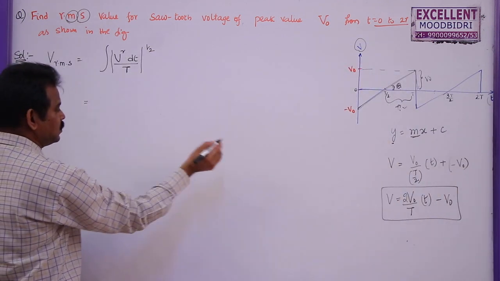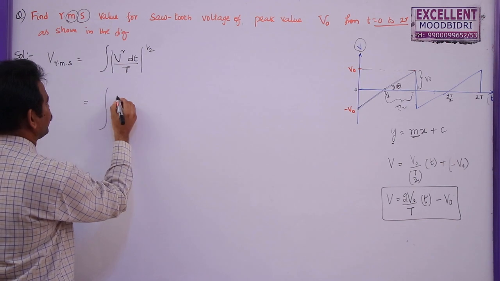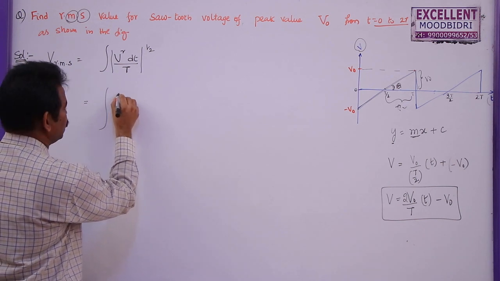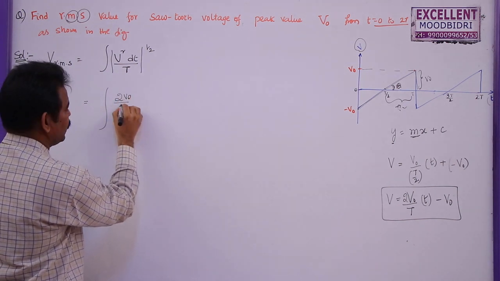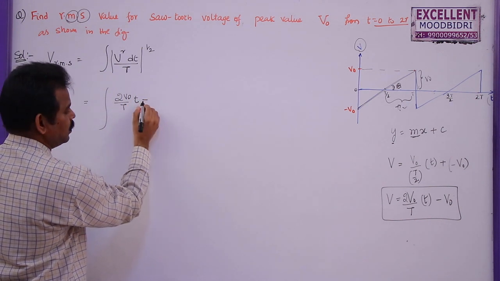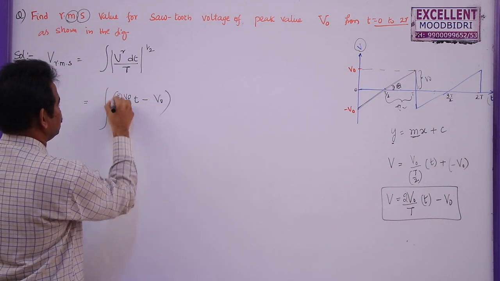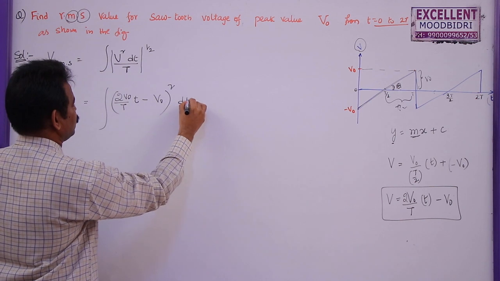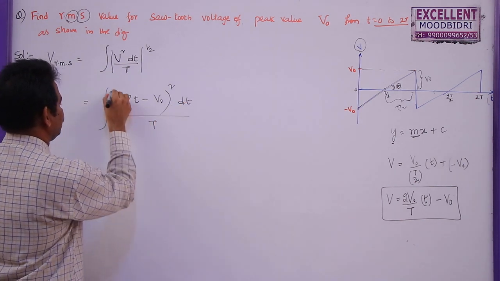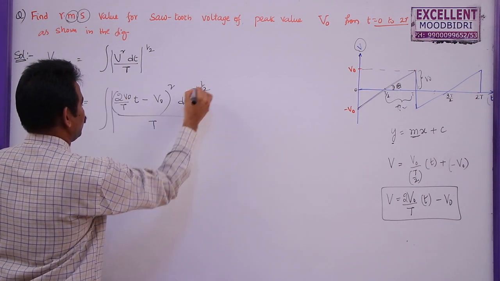So I am going to substitute the same value here. The integral of V square can be written as 2 V0 by T into small t minus V0, this is the voltage, whole square into dt by T, whole power 1 by 2.